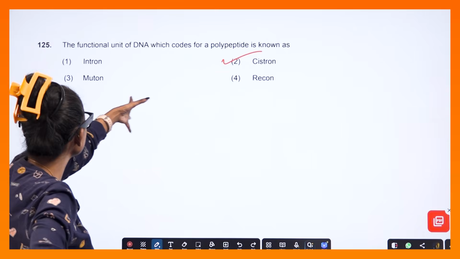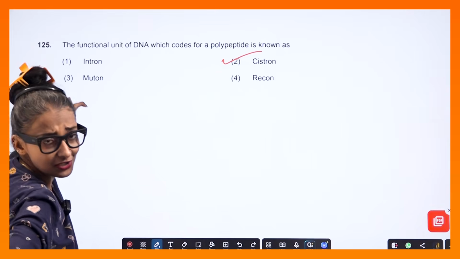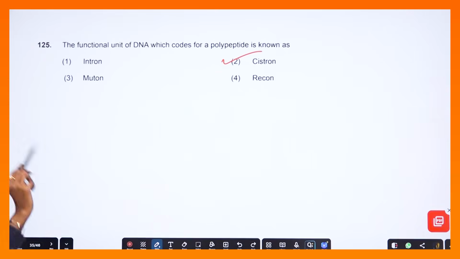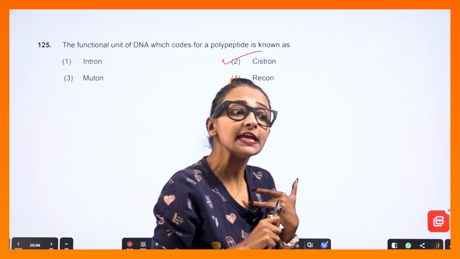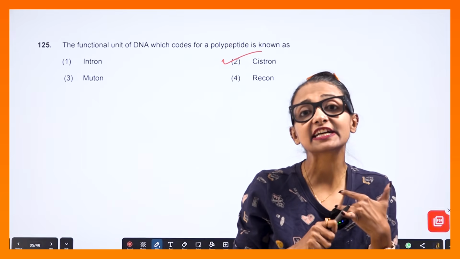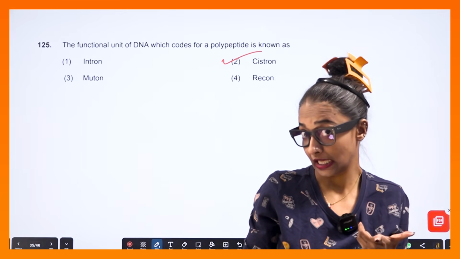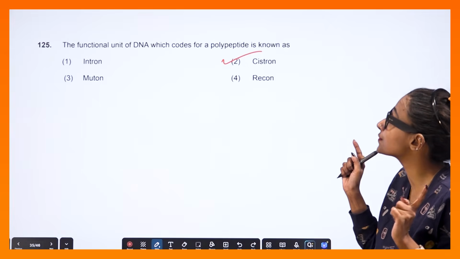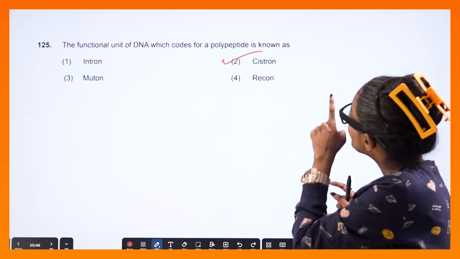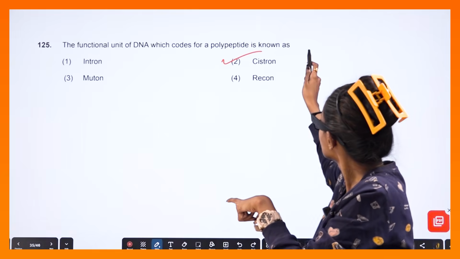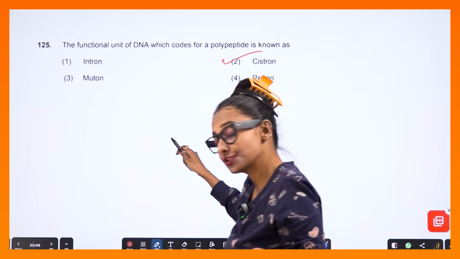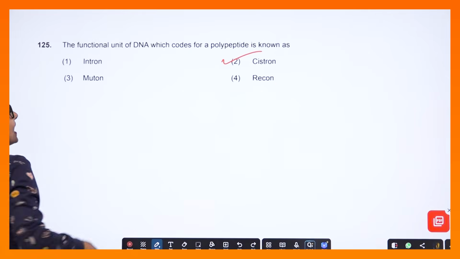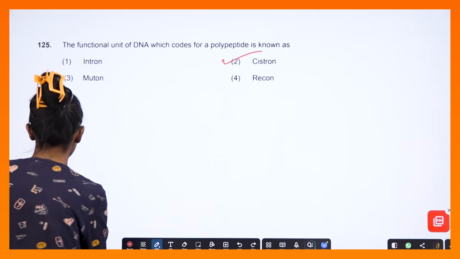Recon, recombination unit, and muton, mutation unit. So intron is non-coding and exon is coding. Cistron is the unit which is going to code for protein. Recon is the recombination unit, and muton is the mutation unit.